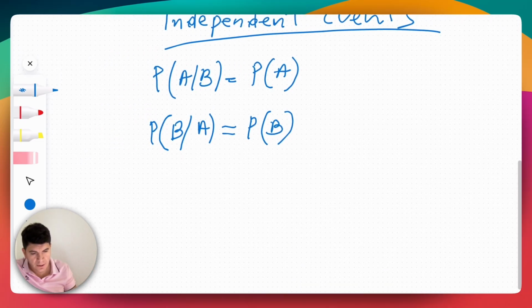Then, in that case, what's going to be our joint probability for independent events?